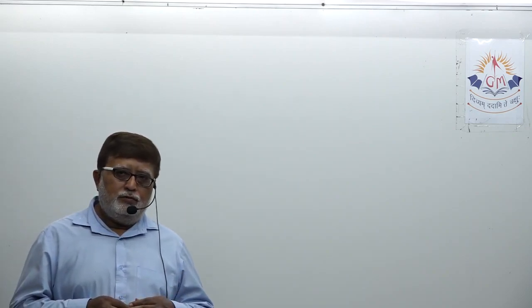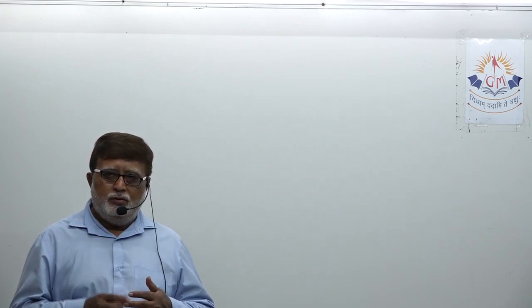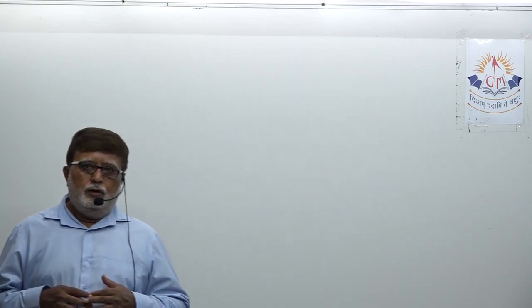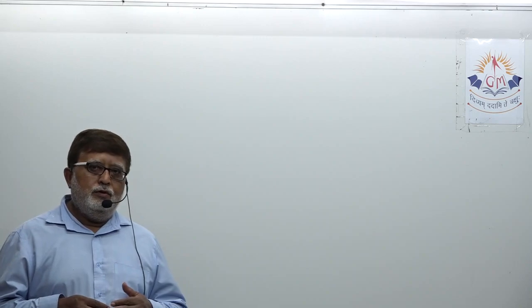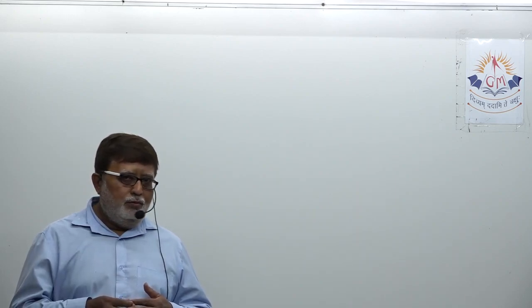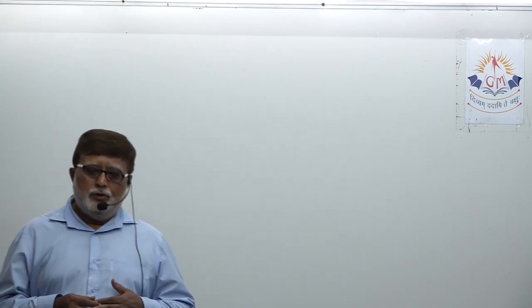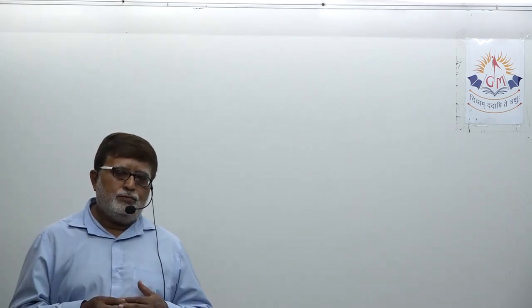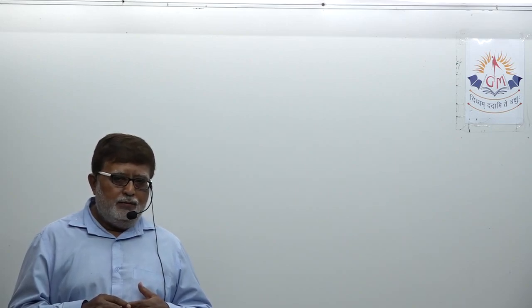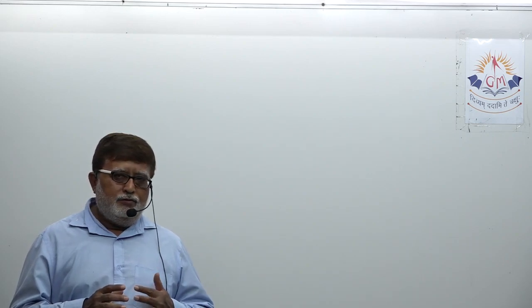In our last lecture number 10, we have taken application of one particular identity, that is a square minus b square equals to a plus b into a minus b. Okay, dear student? Now, in today's lecture, lecture number 11, I am going to explain you.